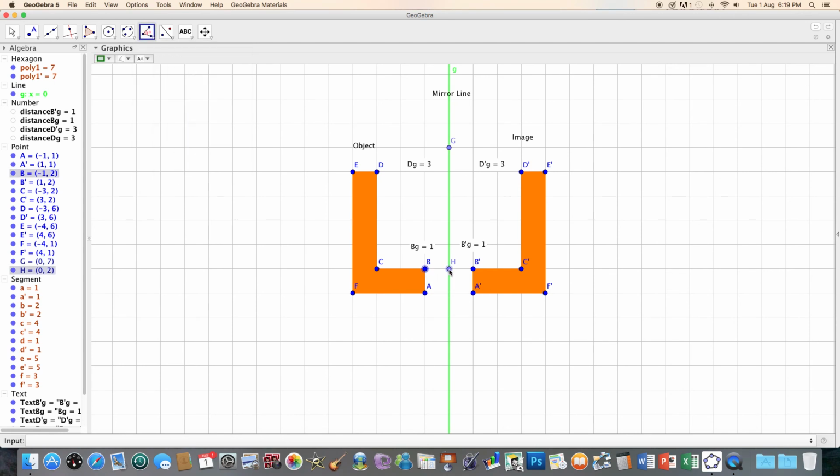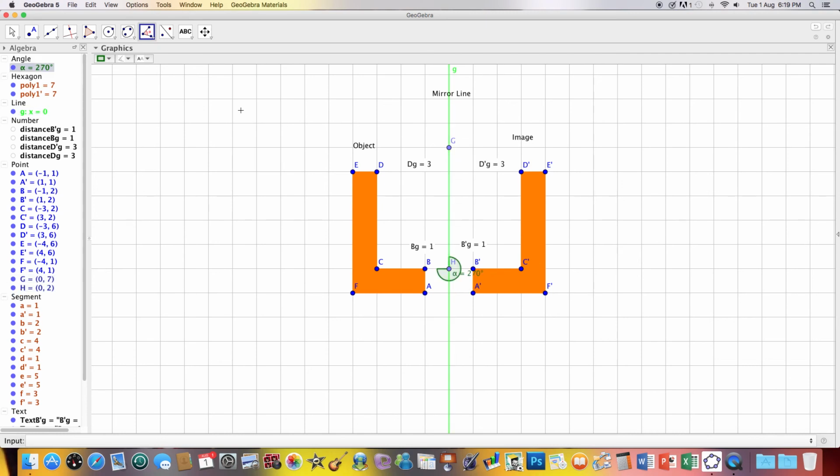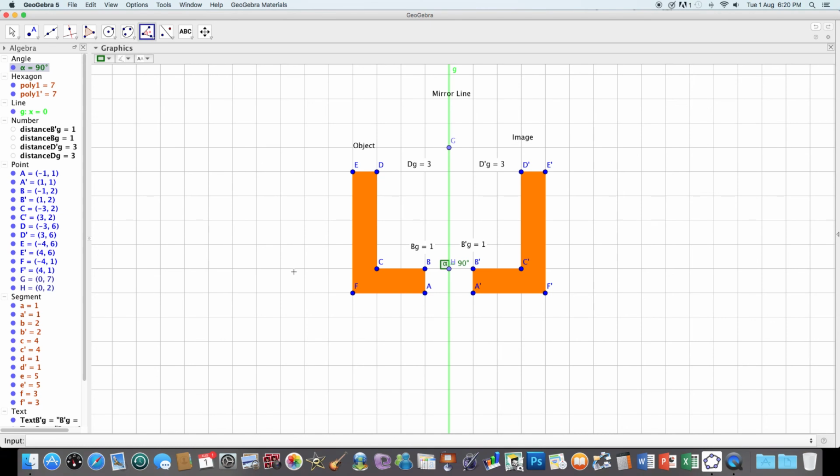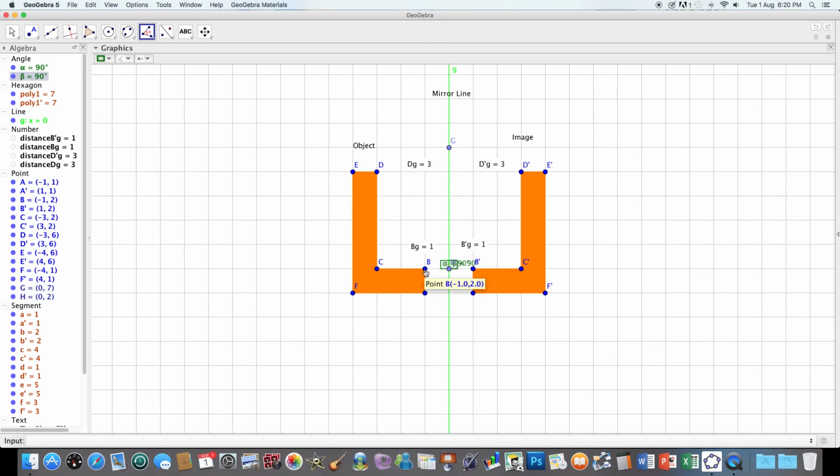I have to go the other way. I'll get rid of that, and I'll go this way, from here to here to here. So that angle is 90 degrees, and the angle on the other side will also be 90 degrees. And in fact, B and B dash will be 180 degrees away from each other, and this mirror line will be the perpendicular bisector of that distance between the two points.